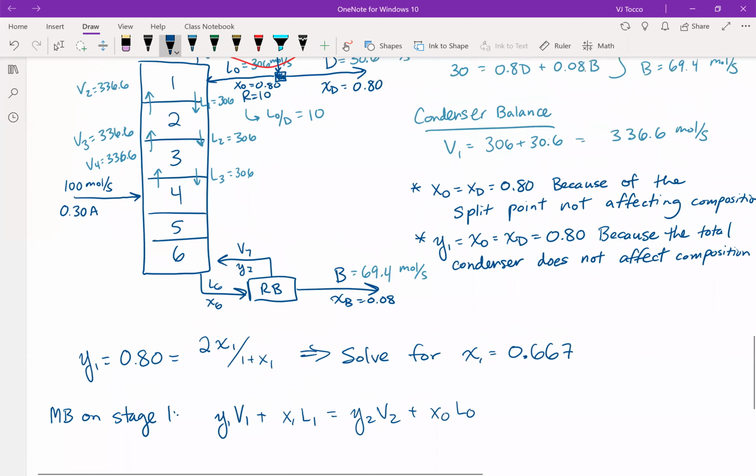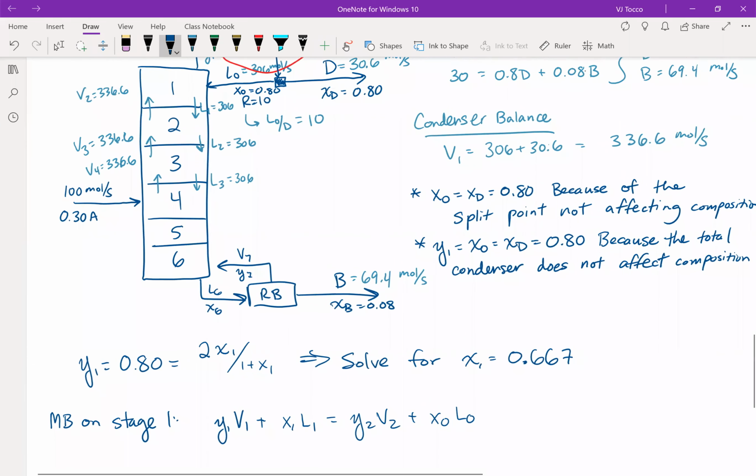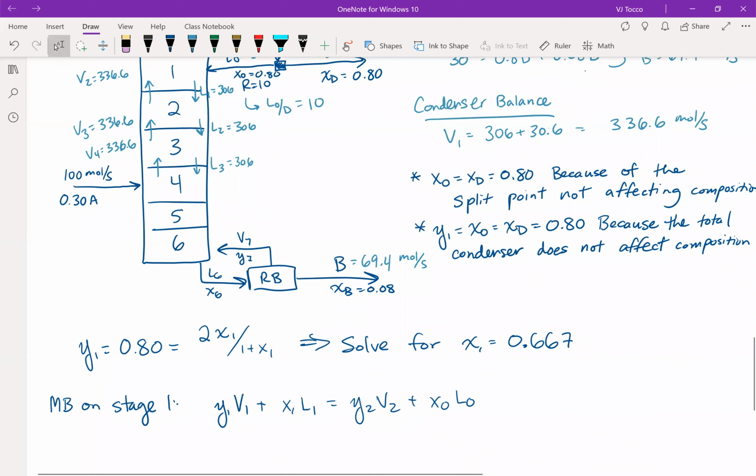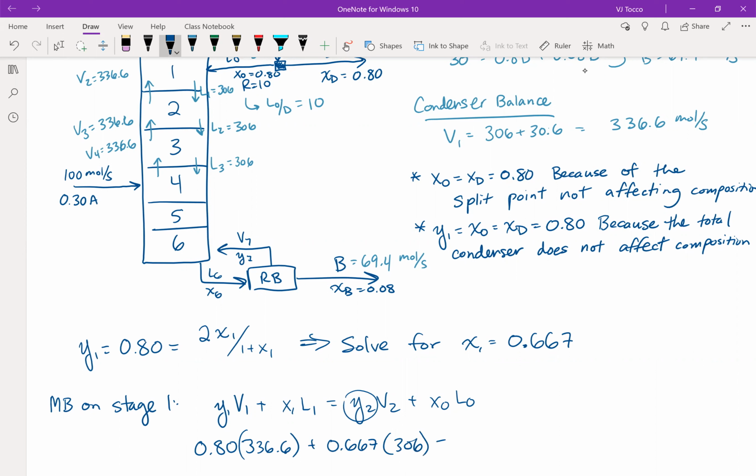Y1, let's see, we know everything here except for Y2, right? So I should be able to plug in everything. Y1 was 0.80. V1 was 336.6. X1, we just solved for, was 0.667. L1 was 306 equals Y2.